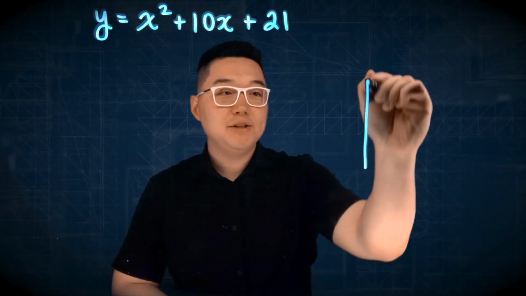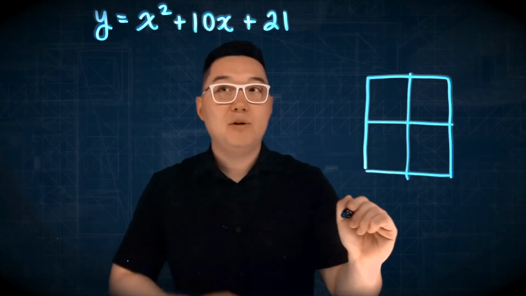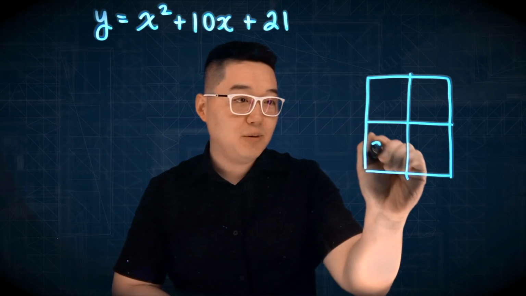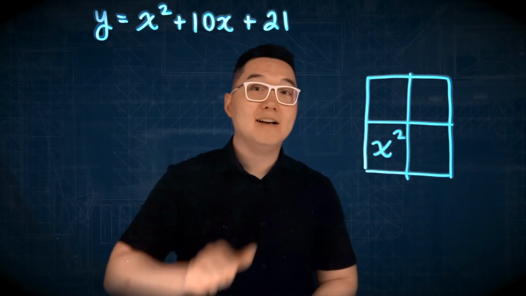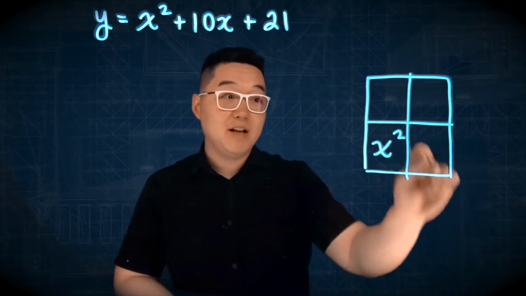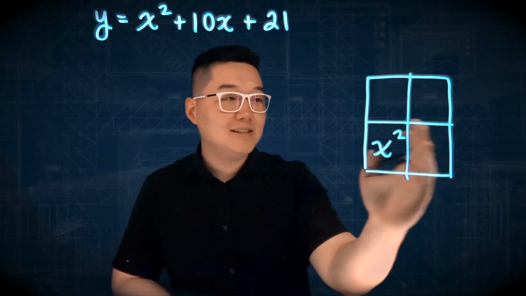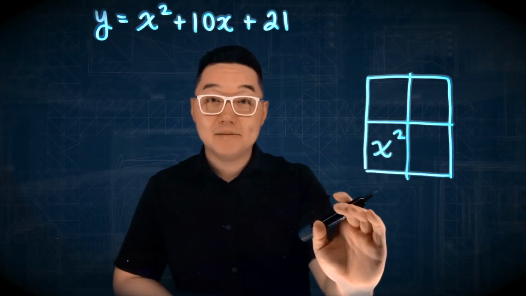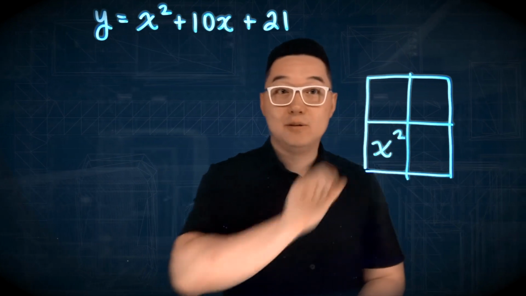I'm going to use a generic rectangle to help us figure this out. We know there's got to be an x squared tile over here, and I have 10 x tiles. Now to build this perfect square, how many x tiles do I need to stack on the top and on the side? They have to be equal on the top and equal on the side.